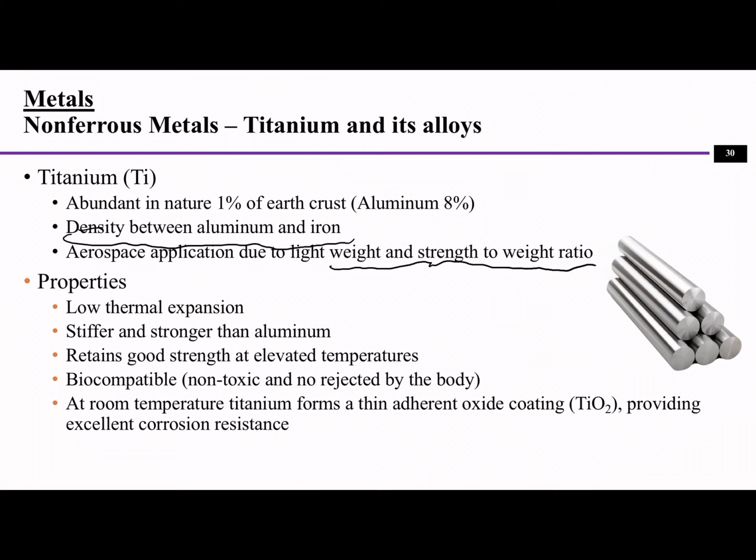It's also stiffer and stronger than aluminum. Another property of titanium is that it's biocompatible, so you can use titanium as implant materials. That's why it also has been used in medical care.